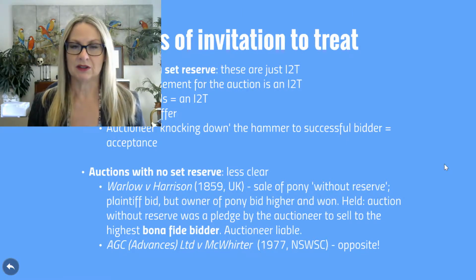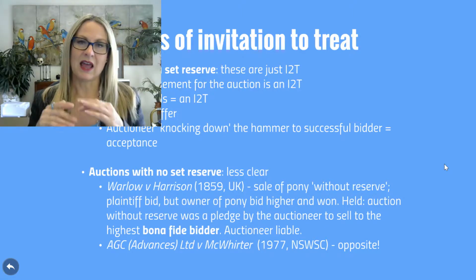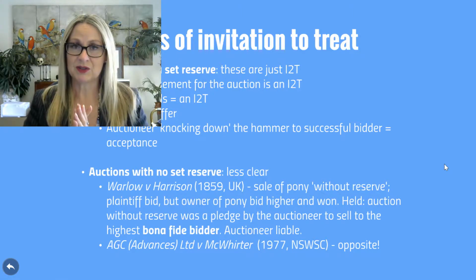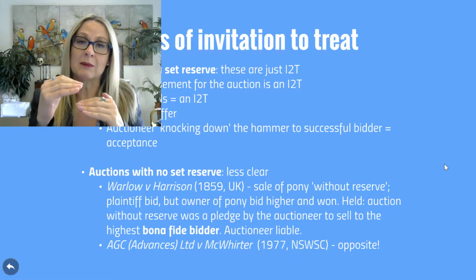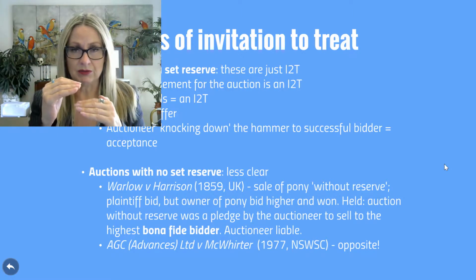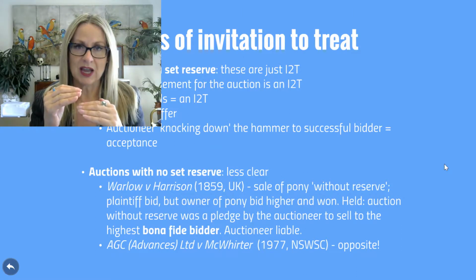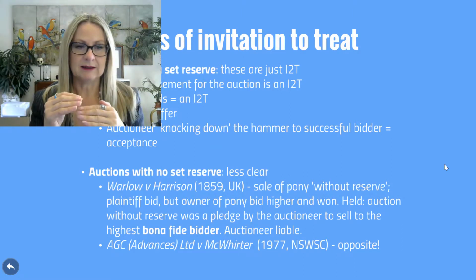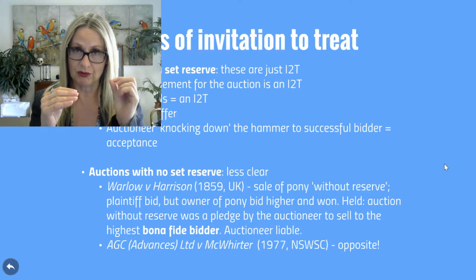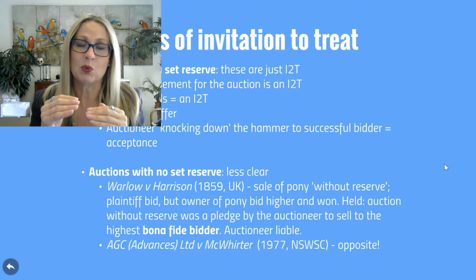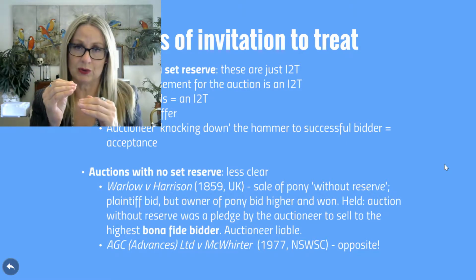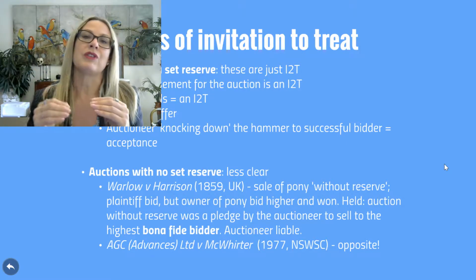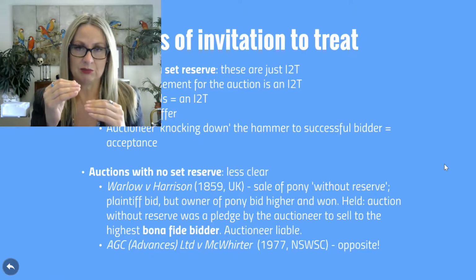So as long as someone bid, the horse was going to get sold. Bidding happens and the plaintiff thinks, woohoo, I'm the highest bidder, I'm going to win this horse. And then all of a sudden the vendor comes in and makes a bid themselves for the horse. And the auctioneer does not knock the horse down to what effectively was the highest bona fide bidder. They knocked it down to the vendor themselves, who came in with the final highest bid.